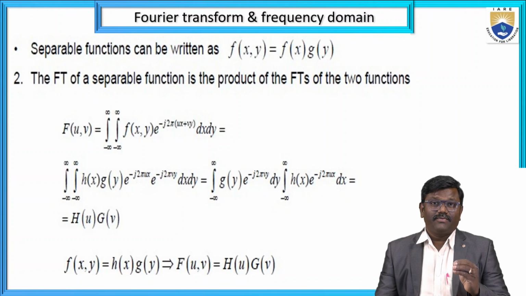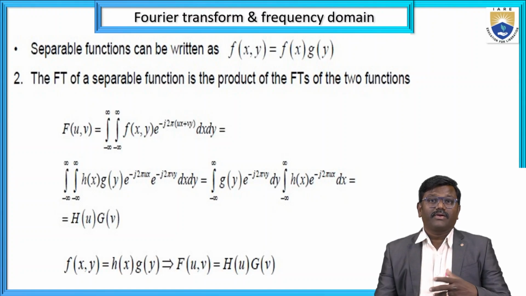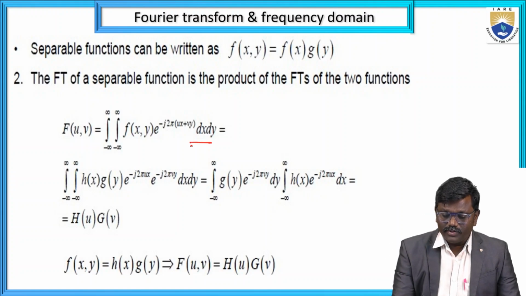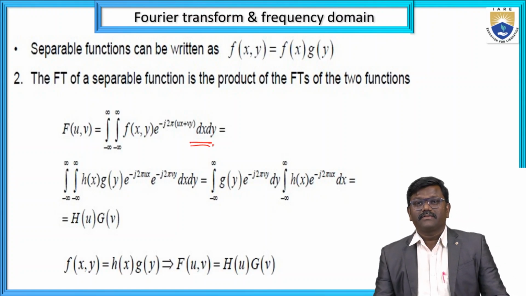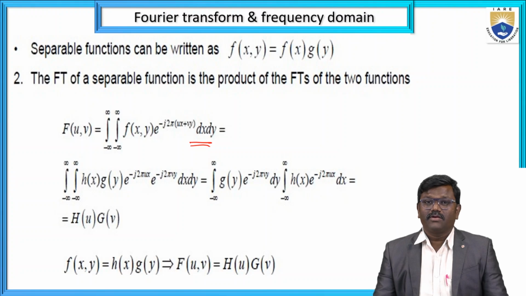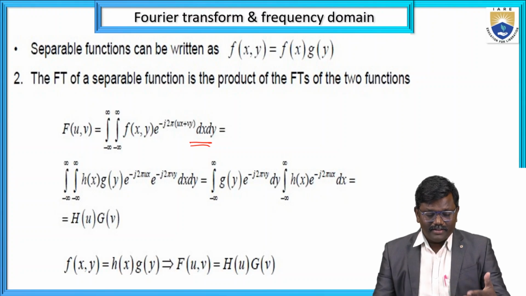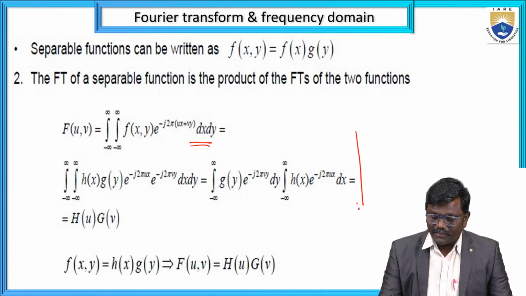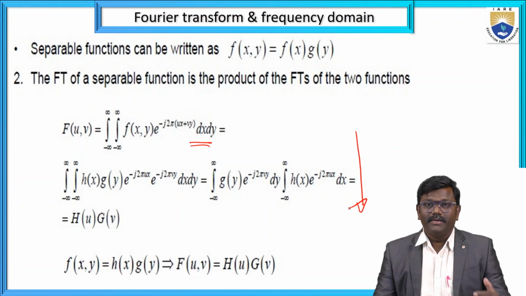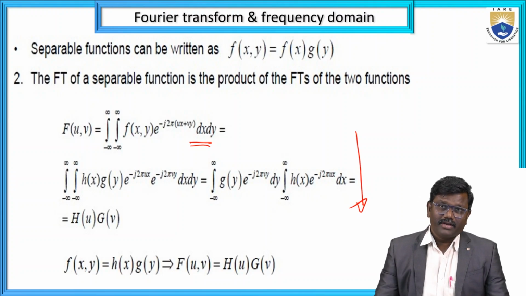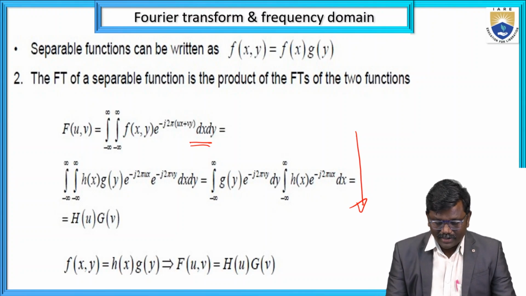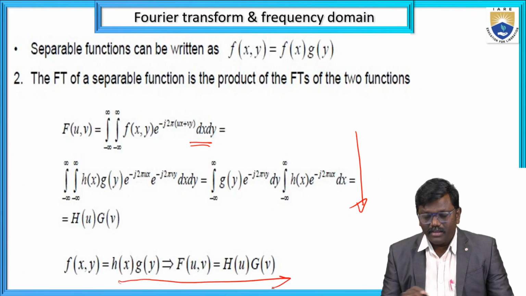The Fourier transform of a separable function is the product of the FTs, that is Fourier transforms, of the two functions. With the help of these two functions, we convert into the required form in the spatial domain, dx dy. It is a continuous domain, not discrete. When we apply this, we expand the complete integral formula based on the properties of the Fourier transform, and we finally get the convolution of the Fourier.